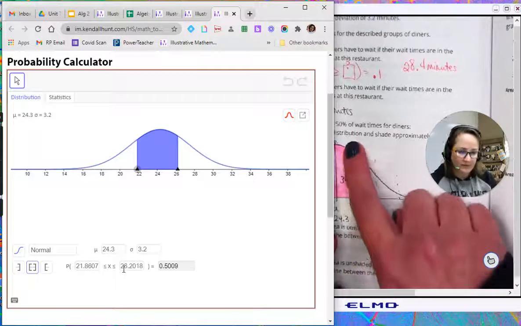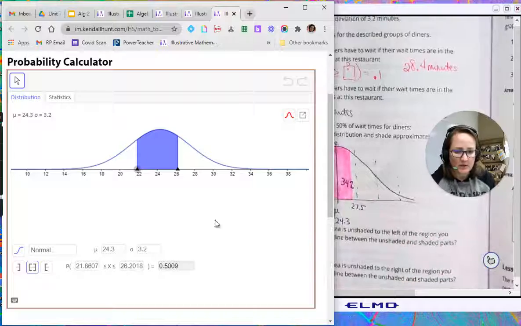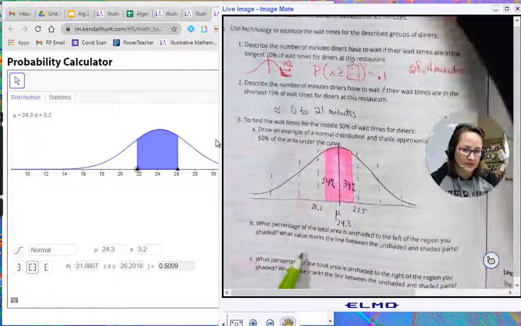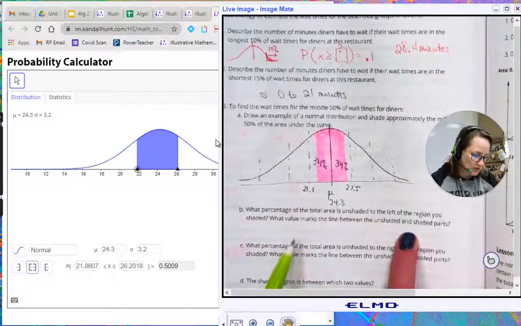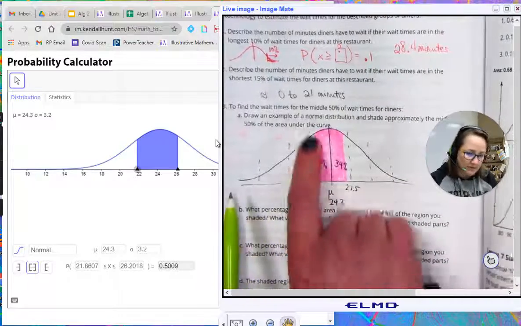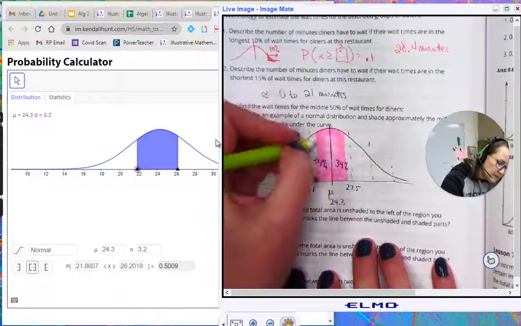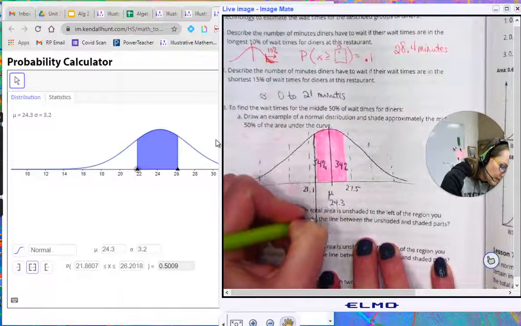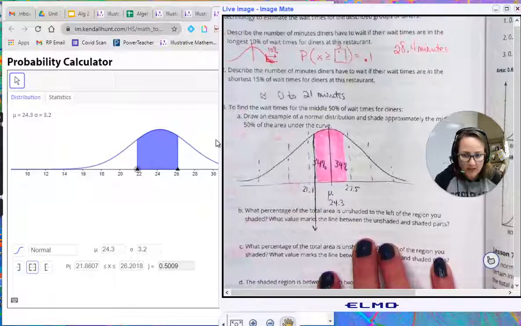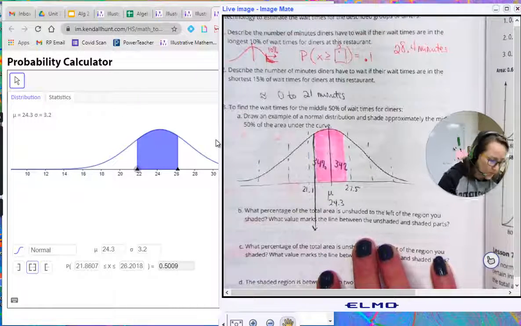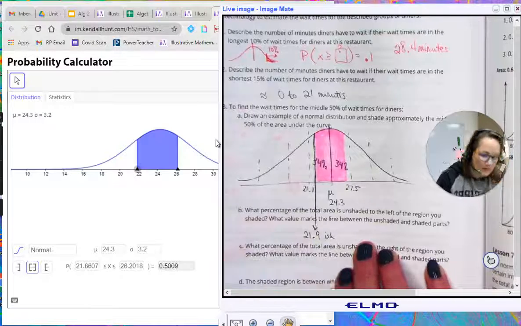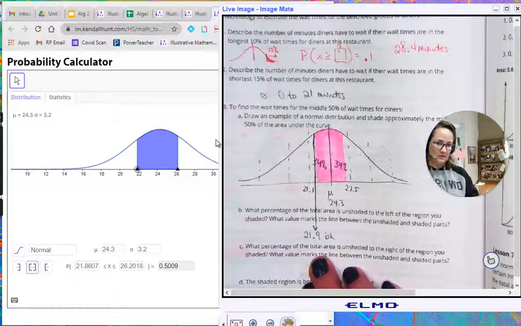So if I have 50% shaded here, I'm going to use some of those values. To mark the line between the shaded and unshaded to the left of where I have it right here, it's saying, what is this dividing line right here? And that line is about 21.9. If you know me, you know I'm putting an ish there.